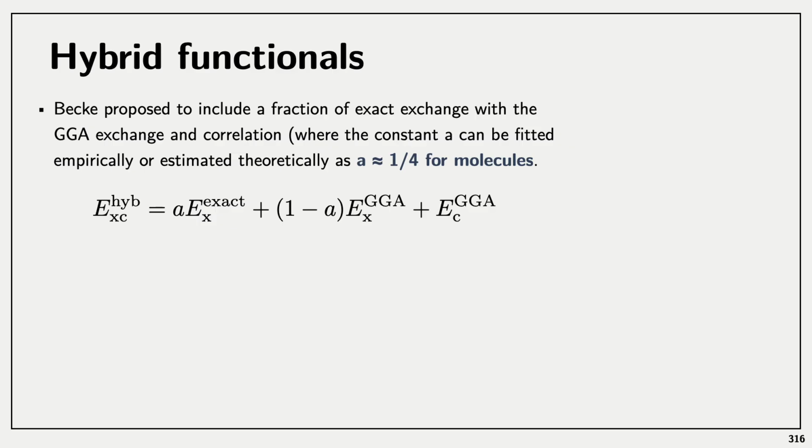The hybrid exchange correlation functional is obtained by using the GGA solution and correcting the exchange representation in GGA by adding a certain amount of exact exchange. You need to do that because you want to take into account the fact that your electrons are not independent. For molecules, it turns out that the value typically used is about 1/4. So you get about 25% of the exact exchange and the rest from the GGA exchange.